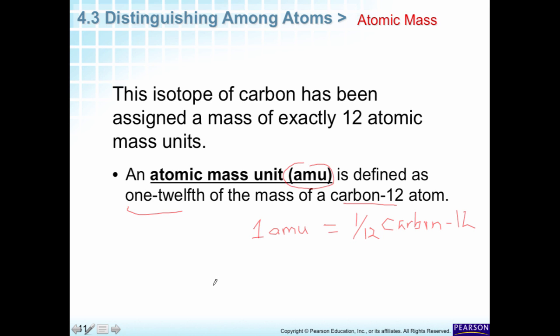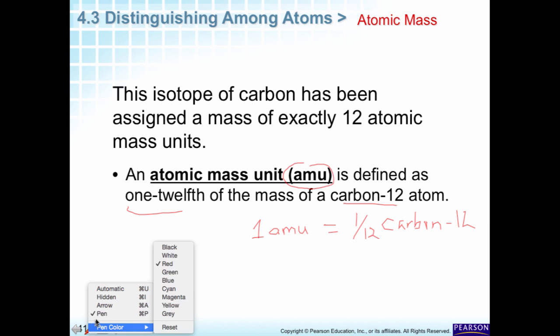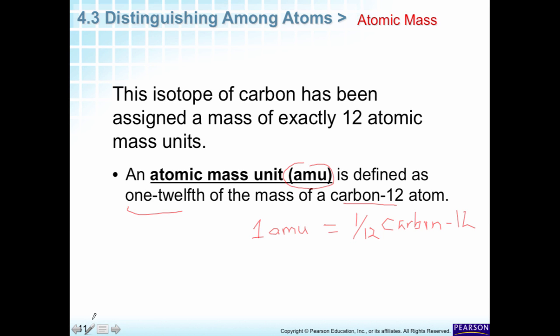Okay? So that's basically the definition of an AMU, which is when we're talking about single atoms. We will talk about something that makes this even easier when we get to the mole, but right now we're going to talk about AMUs when we're talking about little amounts of atoms. The nice thing is the numbers stay the same.